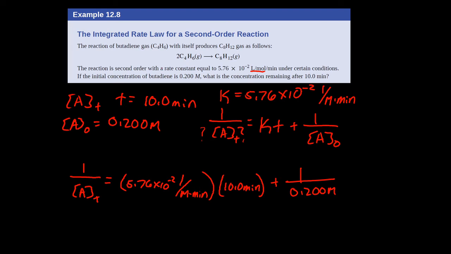If we go ahead and multiply these two together, 5.76 times 10 to the negative 2 times 10, that'll give us 0.576, 1 over molar.